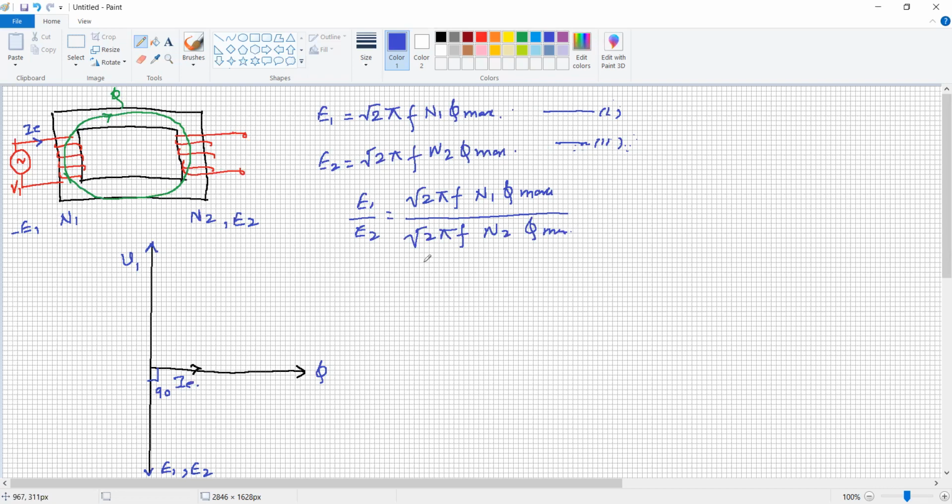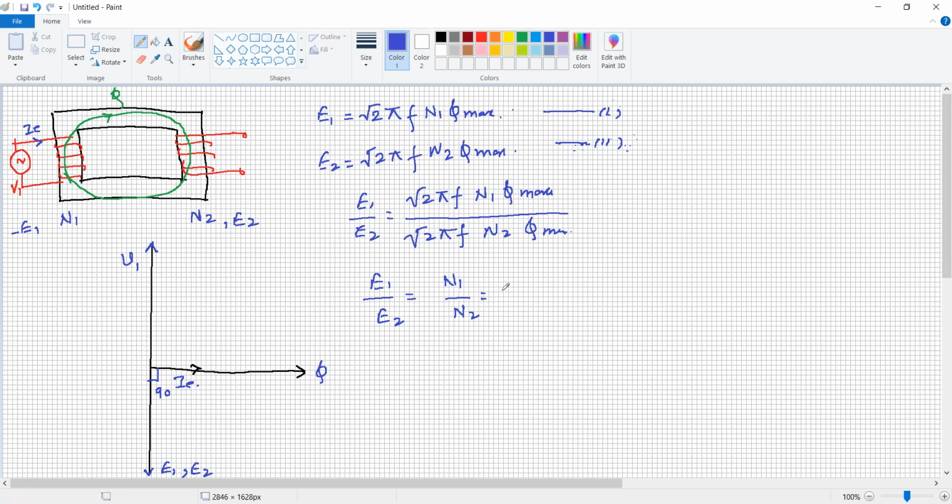So it is quite clear that E1 upon E2 is equal to N1 upon N2, and the rest is common. The value of the voltages is directly proportional to the number of turns. The more the number of turns, the more the voltage.